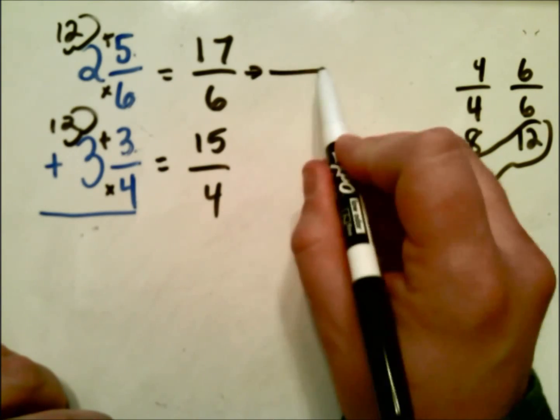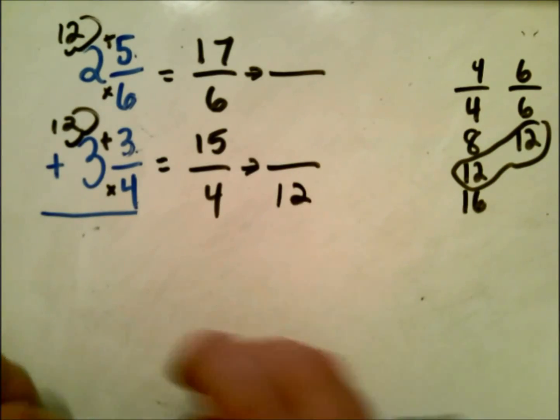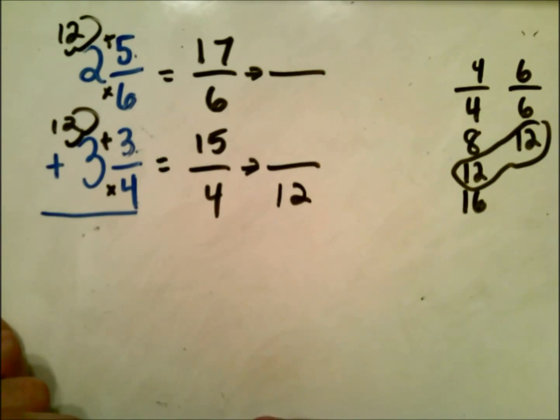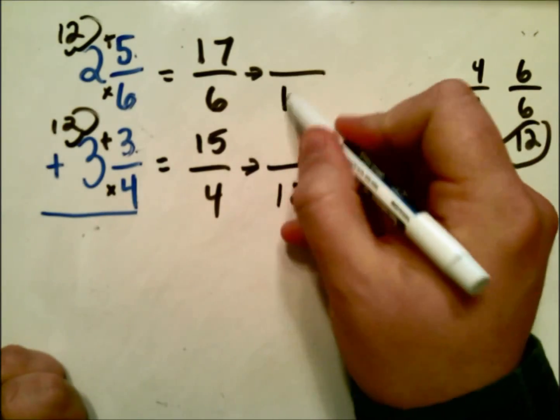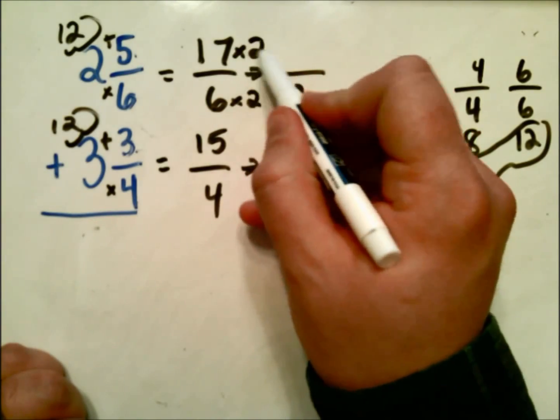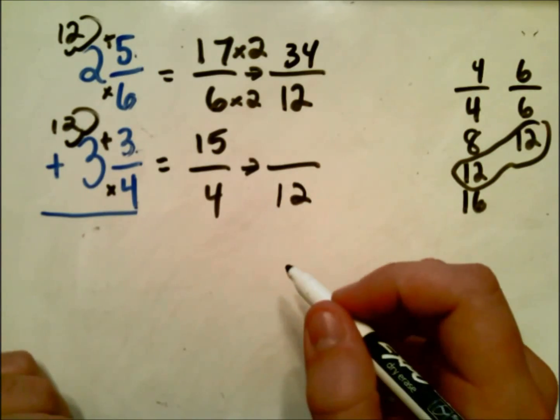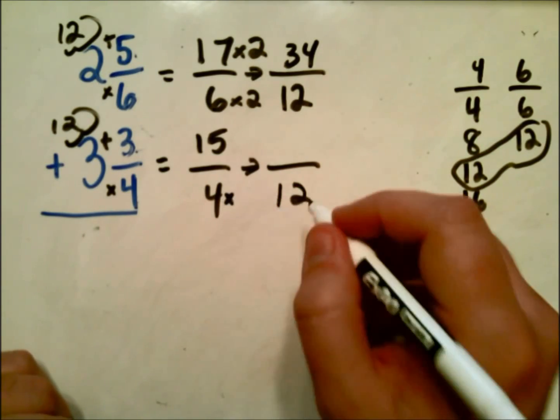I remember that 12 was where we were, so that's a good thing. We're going to convert this into twelfths. How did we get from 6 to 12? We multiplied by 2. We do the same to the top, and 17 times 2 is 34. And how do we get from 4 to 12?